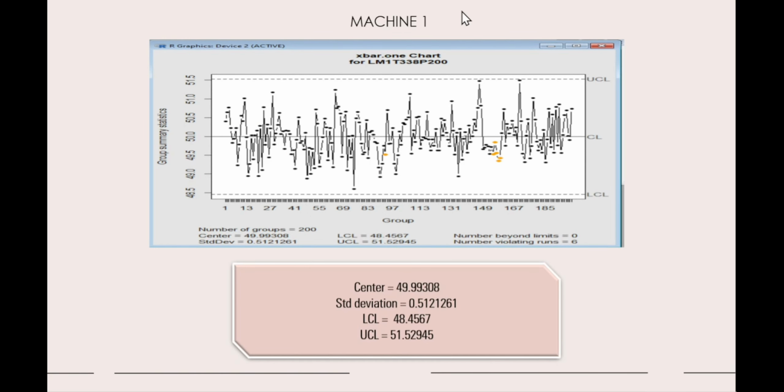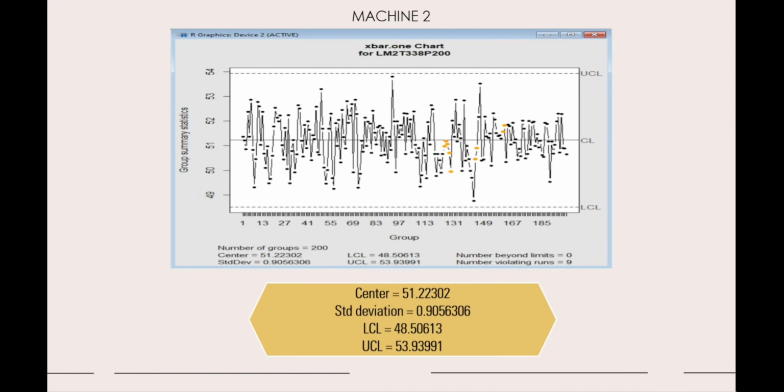This is the X bar 1 chart for machine 1 and from this graph, this is the information that we get. The center is 49.99308. The standard deviation is 0.5121261. The lower control limit is 48.4567 and the upper control limit is 51.52945.